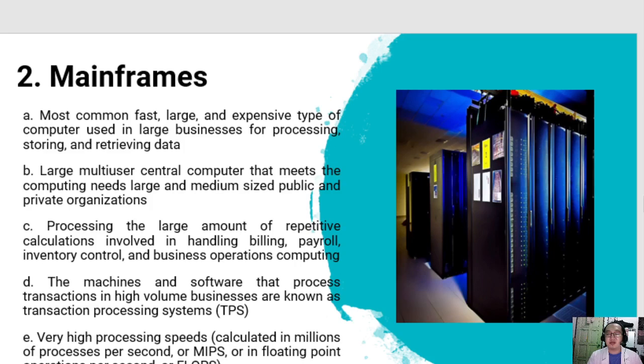Mainframes always have a very high processing speed, and usually it is calculated in millions of instructions per second, or MIPS, and in floating point operations per second, or FLOPS.